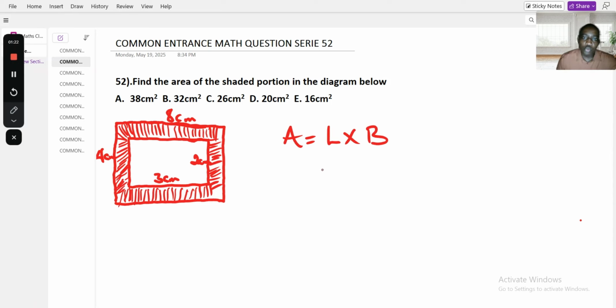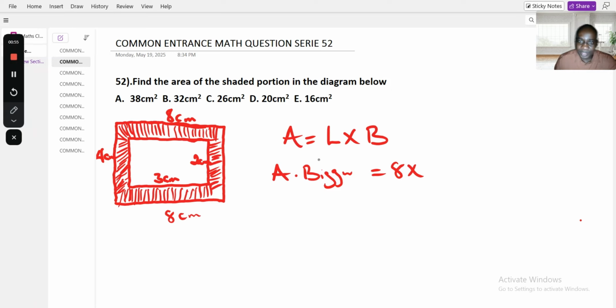So we are going to look for the area of the bigger one, and minus the area of the smaller one. Area of the bigger one equals, what is our length for the area of the bigger one? 8 centimeter. 8 at the top here is the same thing as 8 at the bottom here, which is 8.